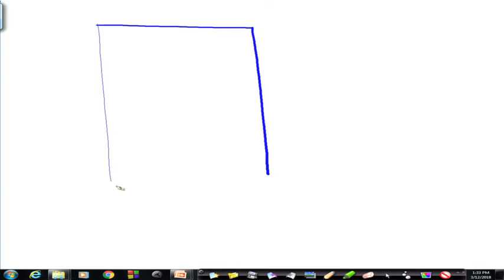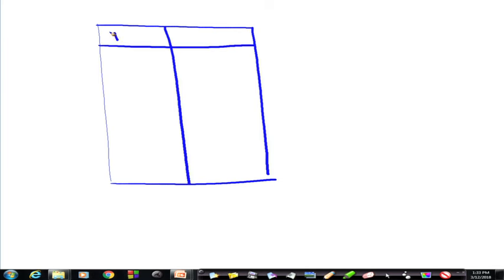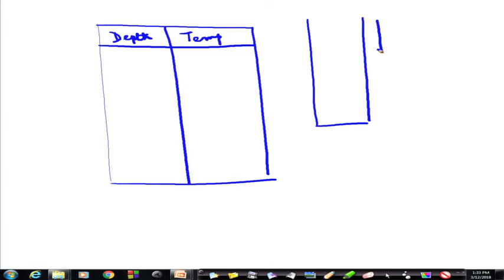So, I can always represent some data as a table where on one column it may be height or depth, and maybe as we go down we bore through some point, and at different depths we put some sensor and get the temperature.